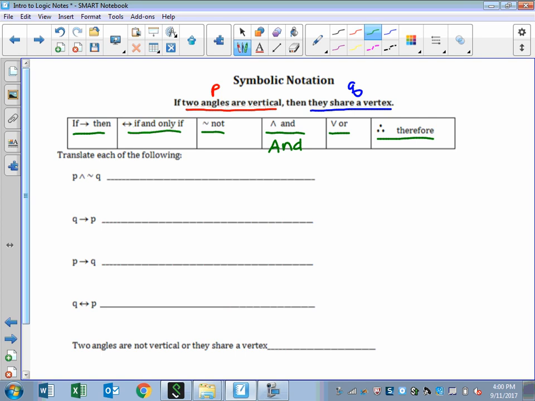Okay. So if we take our original conditional statement, if two angles are vertical, then they share a vertex, and we look at the symbolic notation, we can translate it.